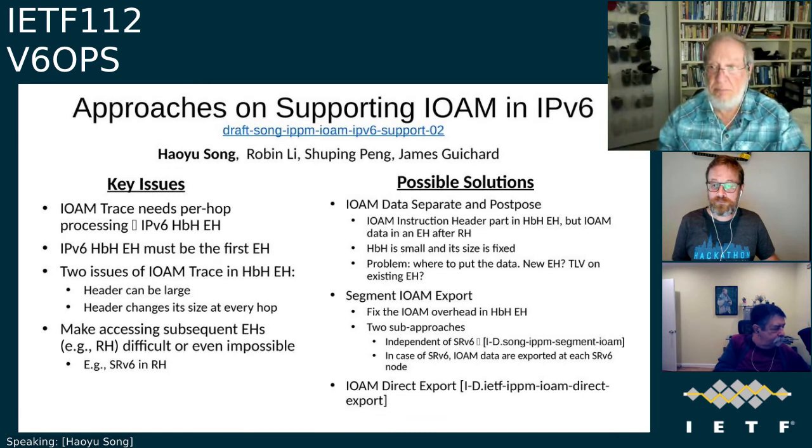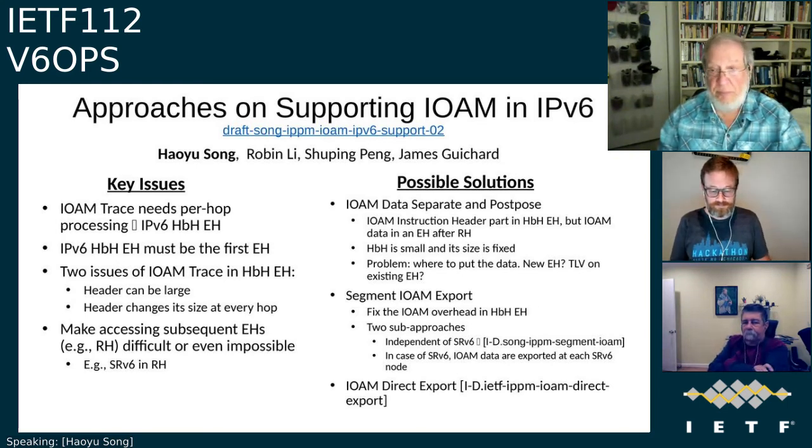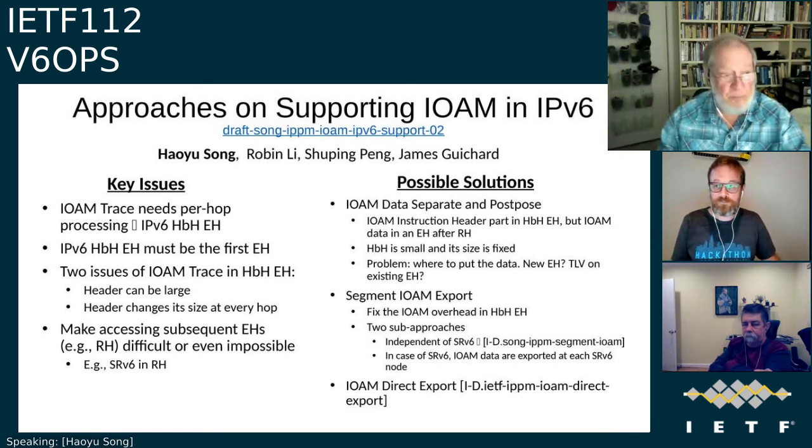The first issue is that IOAM as a choice option does need per hop processing, so the natural place to host it is in the IPv6 hop-by-hop extension header. But by the RFC, the IPv6 hop-by-hop extension header must also be the first extension header in the chain.